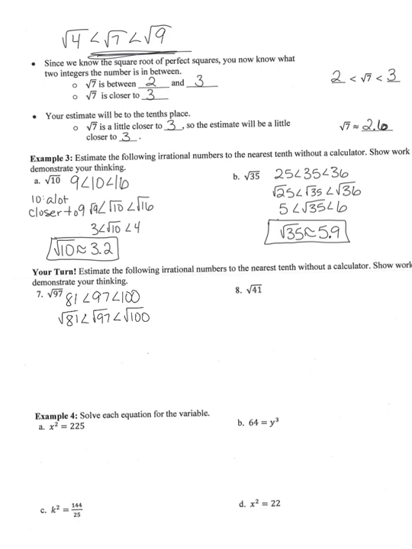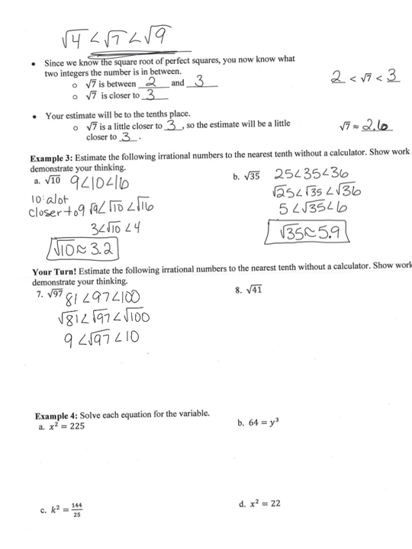And the square root of 81 is 9. And the square root of 100 is 10. So the square root of 97 is greater than 9, but less than 10. So it lies somewhere between 9 and 10.